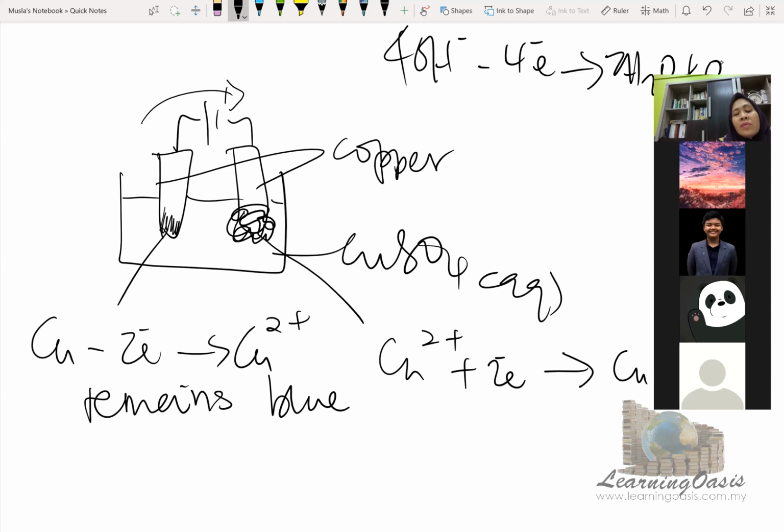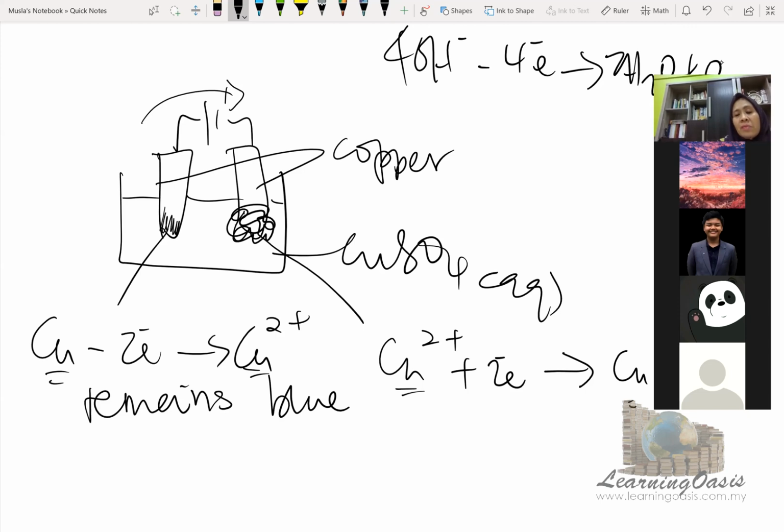Because the rate of oxidation of copper atom into copper ions equals the rate of reduction of copper ions into copper. So there is no change in the number of copper ions in the solution. That's the reason why the solution remains blue. Get it? Understand?